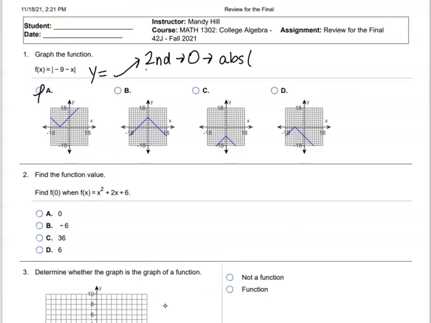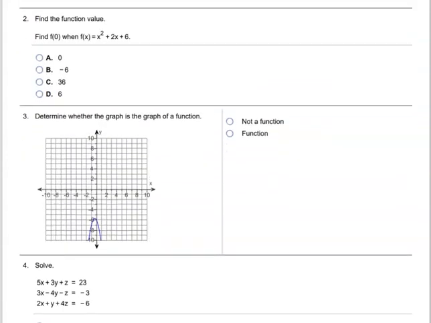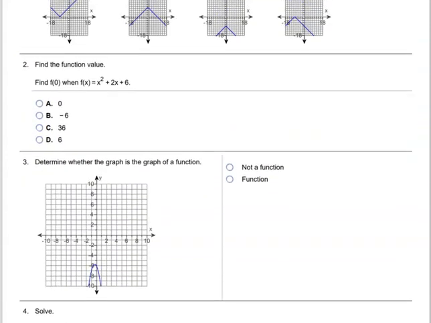Okay. Number 2 says, to find the function value, find f of 0 when f of x is equal to x squared plus 2x plus 6. All they're asking you to do here is, whenever you see an x, plug in a 0 there.